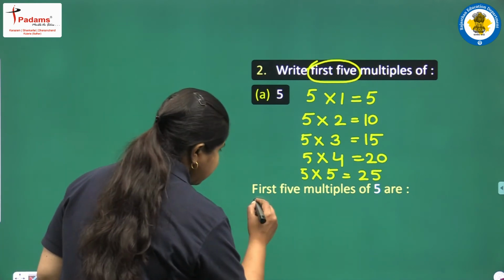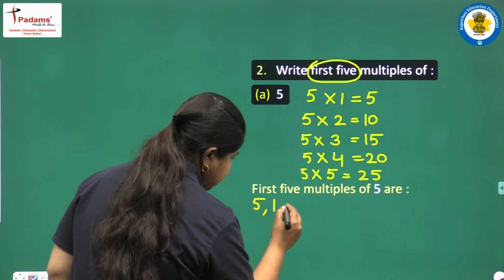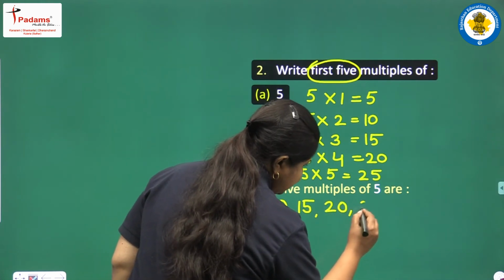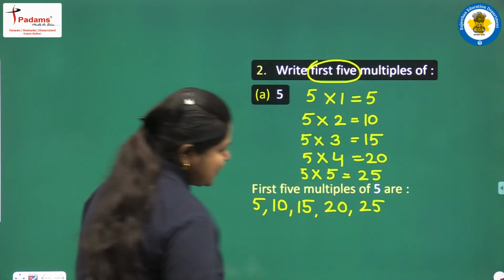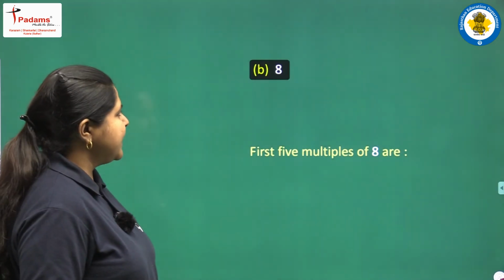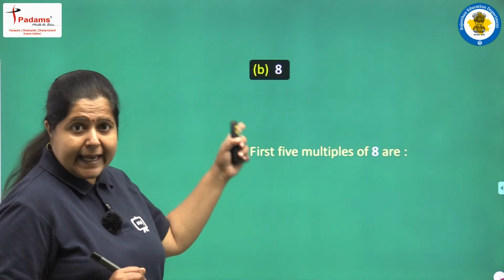There are many more multiples of 5, but here we have been asked only first 5 multiples, and that's why we have taken 5 multiplied by the first 5 numbers, and so these are the first 5 multiples. Let us write them together. 5, 10, 15, 20 and 25. So these are the first 5 multiples of 5. Then we have to find the first 5 multiples of 8.